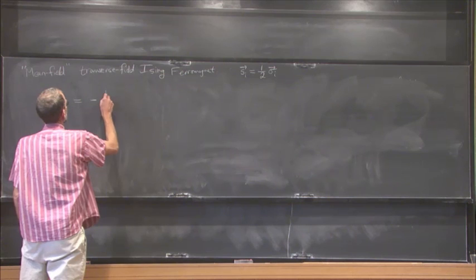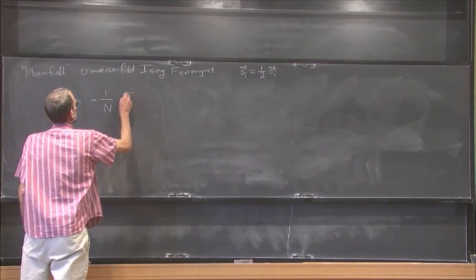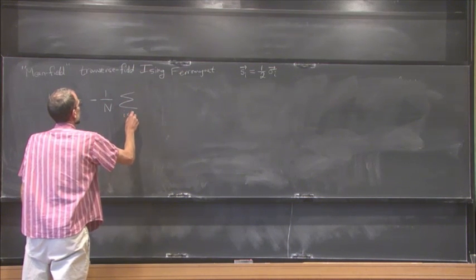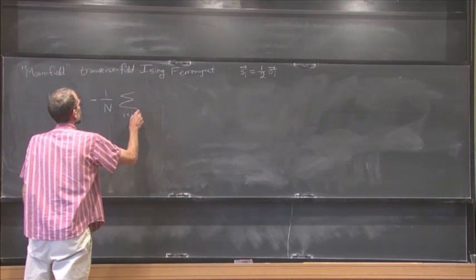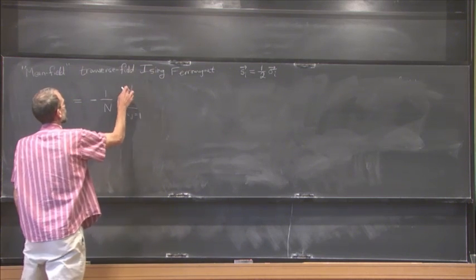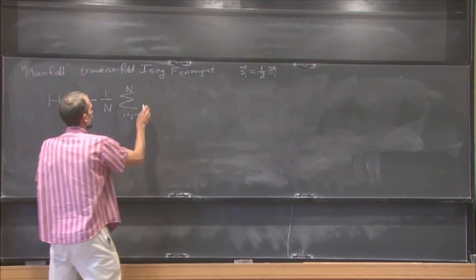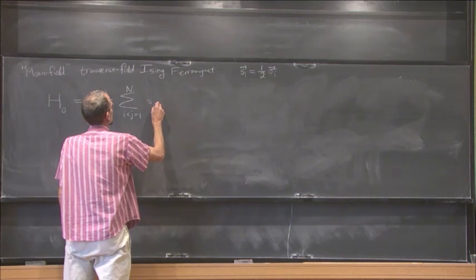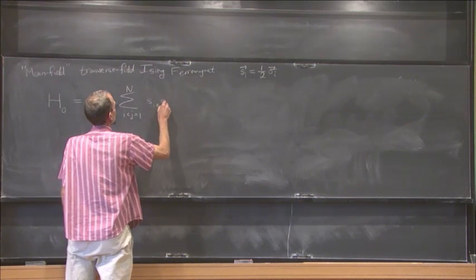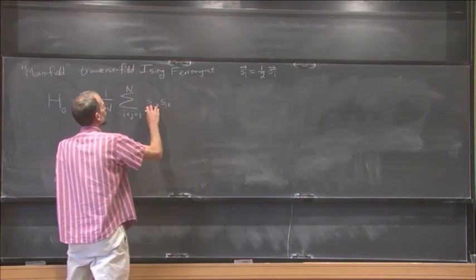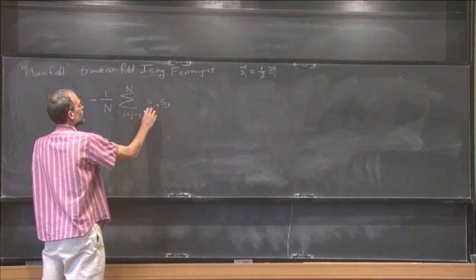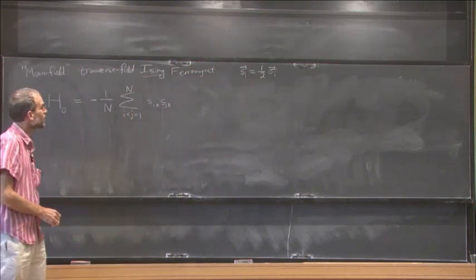So we're going to have a coupling, sum over i less than j, with j equals 1 to N. We're going to have N spins, and their z components are going to be coupled to each other. That's the Ising ZZ coupling.